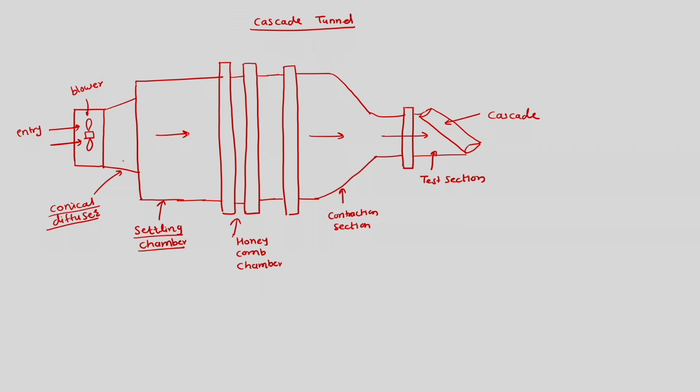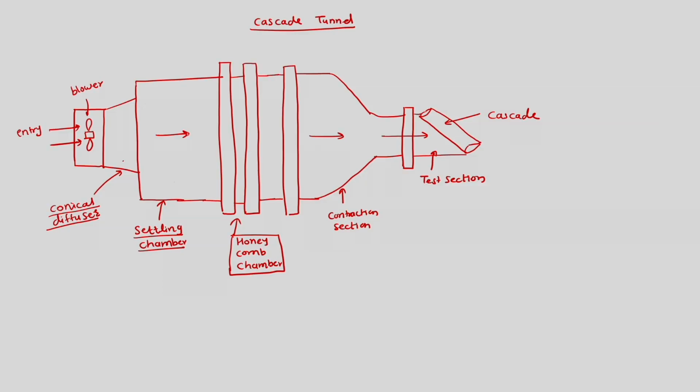Then air would pass over the honeycomb kind of flow straighteners and wire meshes such that the turbulence level would be decreased or the desired turbulence level can be attained, and further these flow straighteners would let the air pass into the contraction section, which would accelerate the air and make it more uniform in one direction, which will finally pass into the test section and then over the cascade.